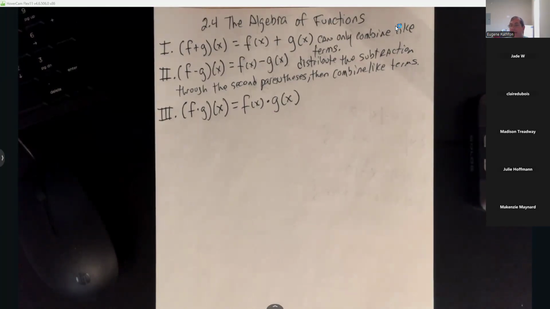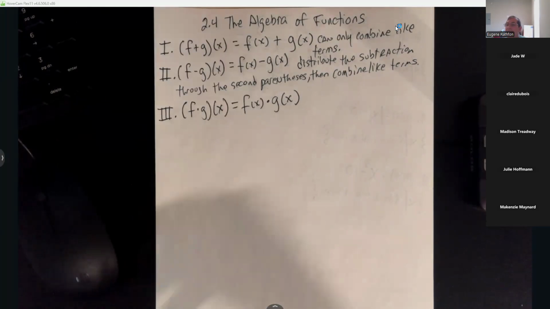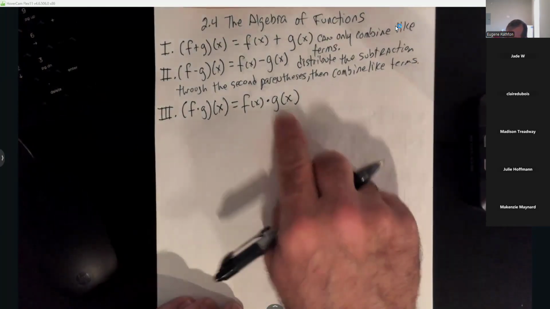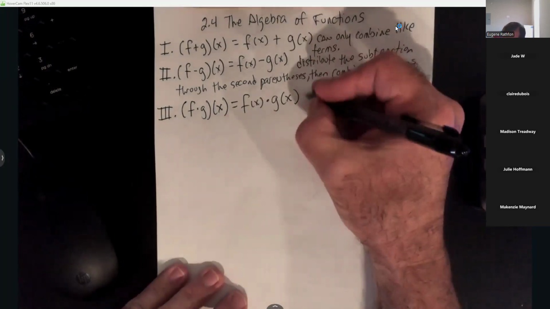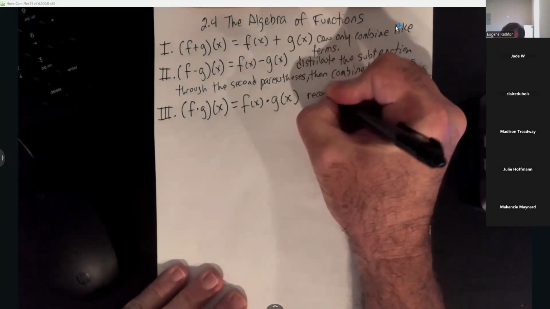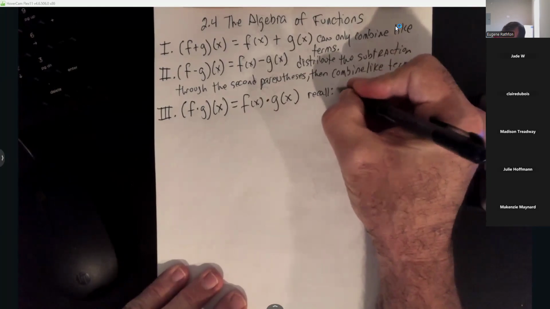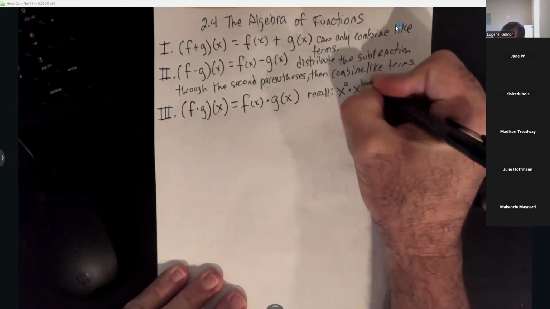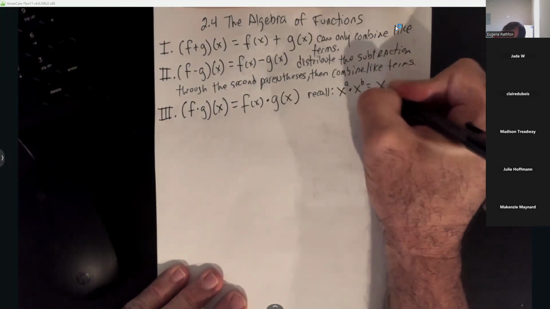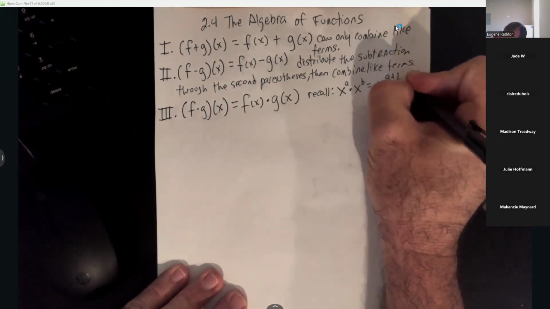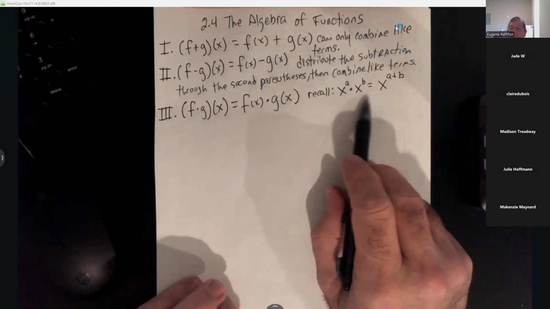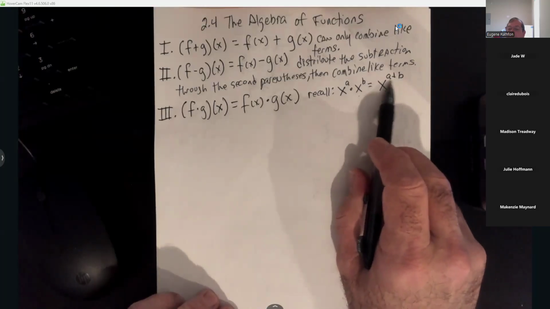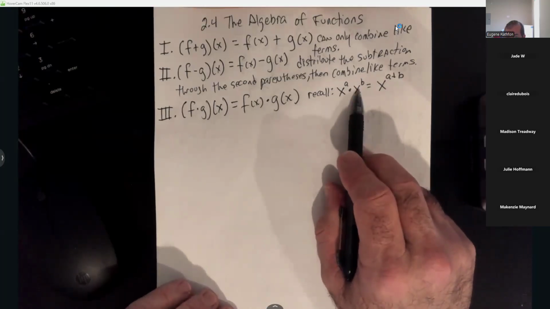If I have an x times an x, I'm going to add those exponents and get an x squared and so on, okay? So just remember, recall that x to the a times x to the b equals x to the a plus b. When multiplying variables, we add those exponents, okay?